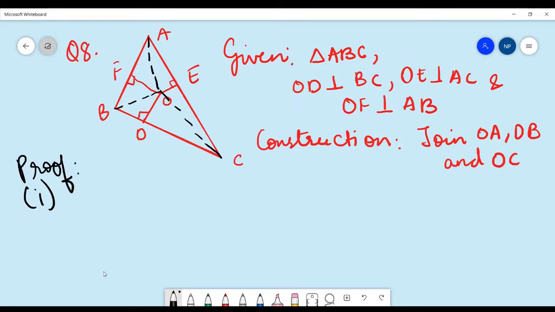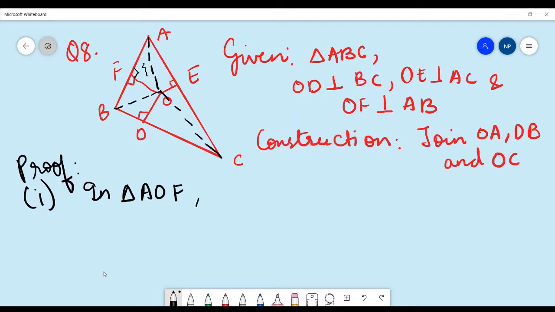Let us start with the proof of the first part. We are going to write in triangle AOF. Which triangle are we talking about? This small triangle AOF. We will write OA square. Since this is 90 degree, this will also be 90 degree.